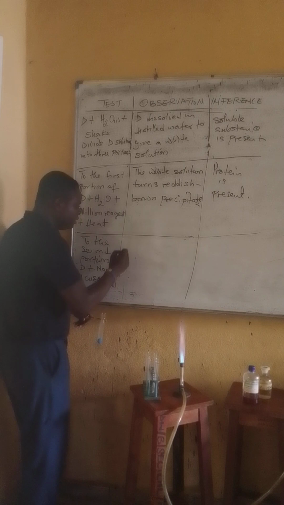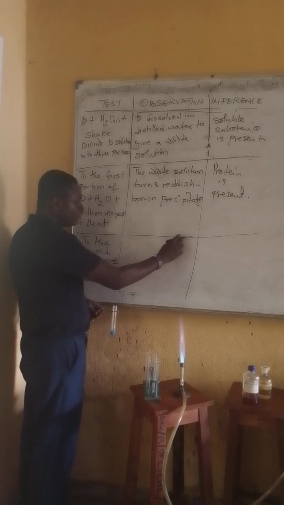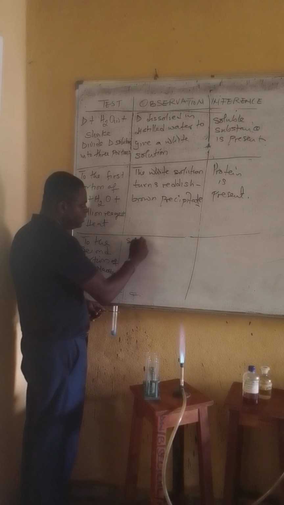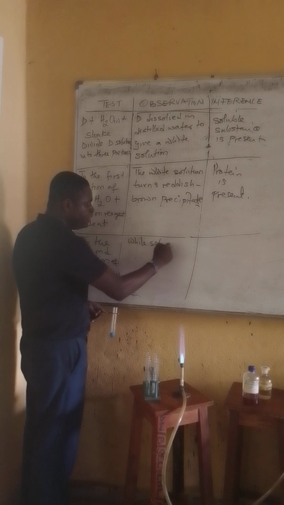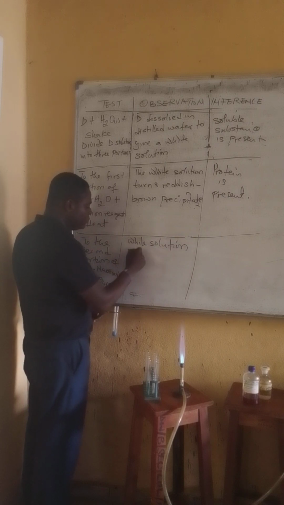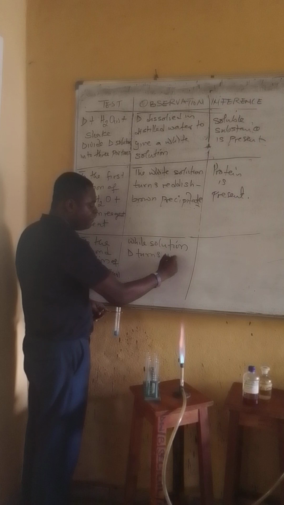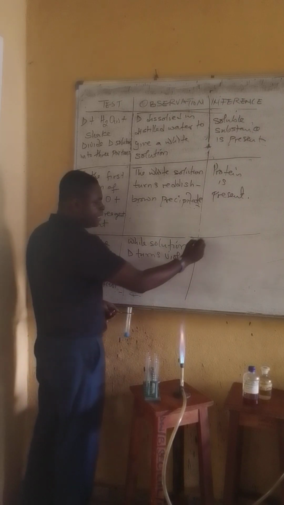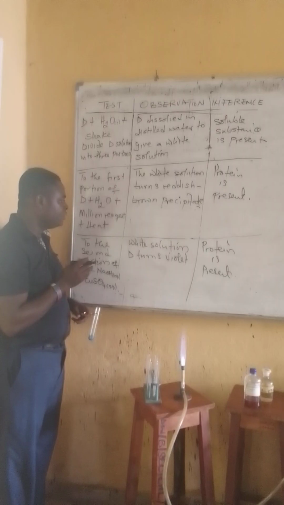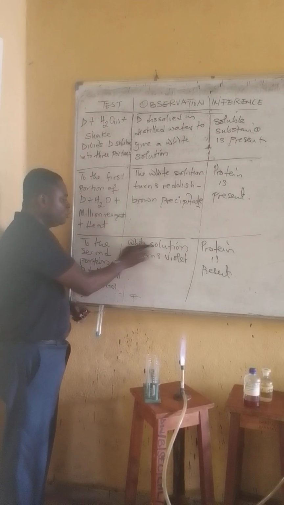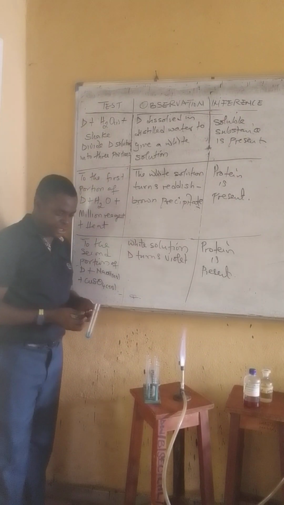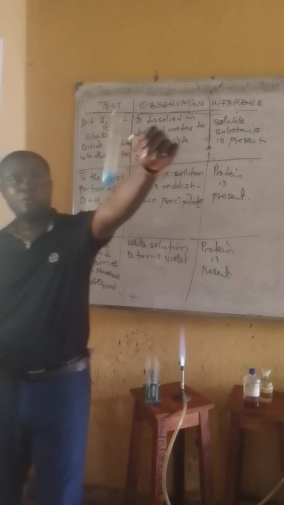So what are we seeing? We are seeing white solution D turns violet, and that shows that protein is present. So you can see the violet color.